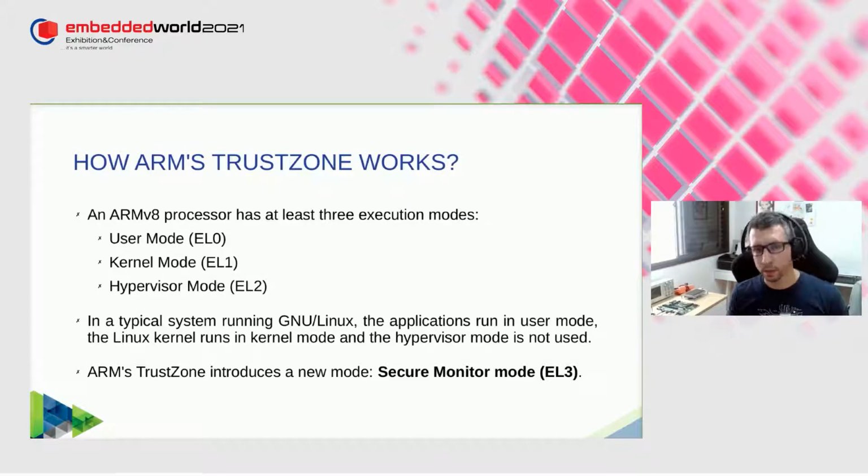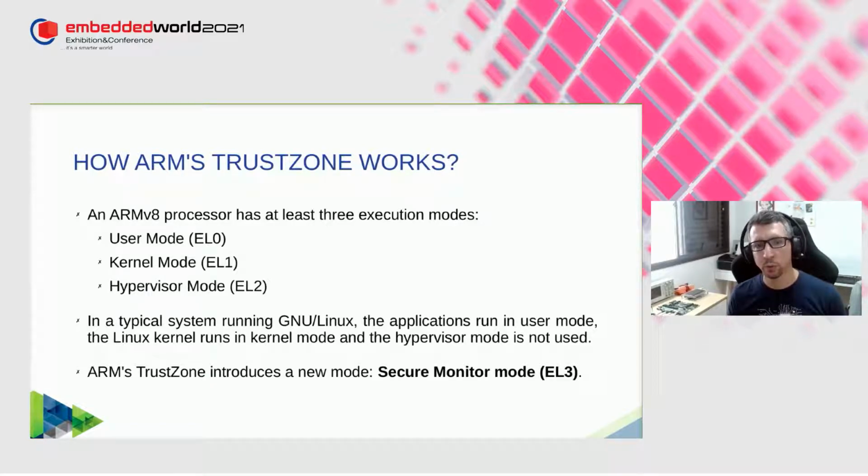So in a nutshell, how ARM's TrustZone works. And here I'm really focused on ARMv8 devices, so ARM Cortex-A53, for example. Although, if you think about Cortex-A in general, for example, Cortex-A9, ARMv7 devices, it's very similar.